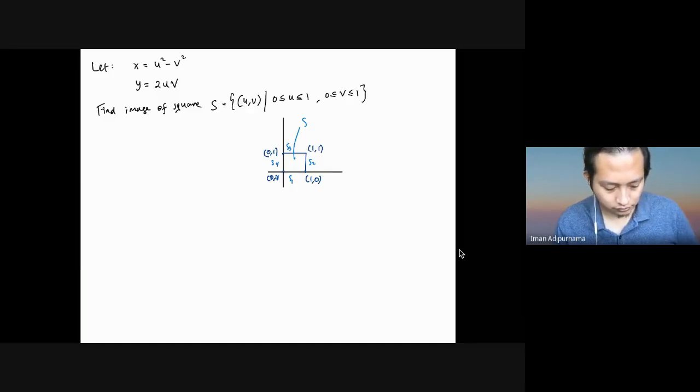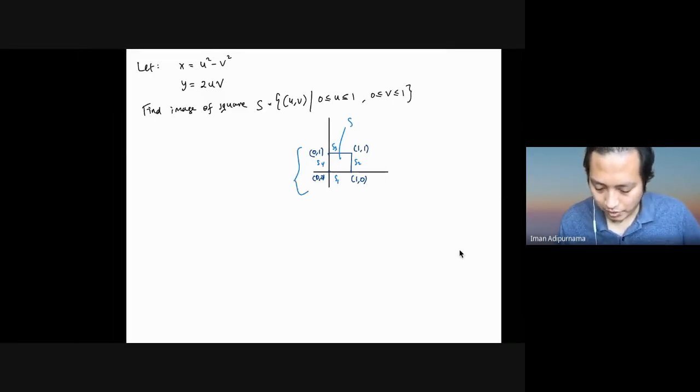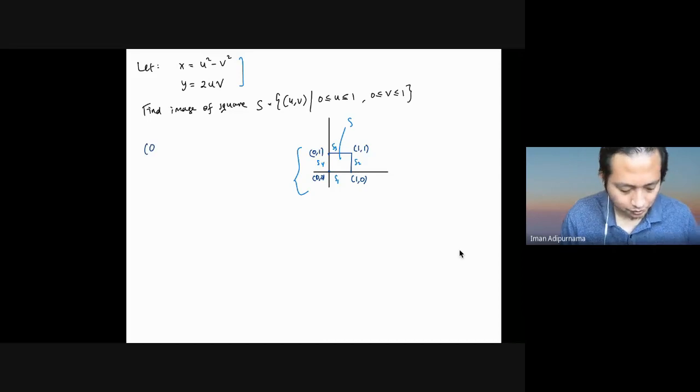Okay, now based on all these points here, we can make a new xy from these relations. I will write the coordinates first.